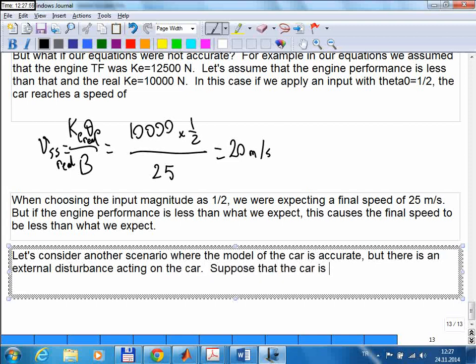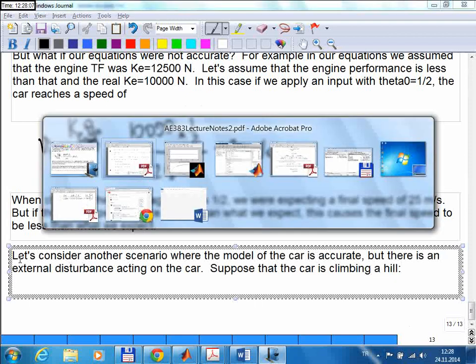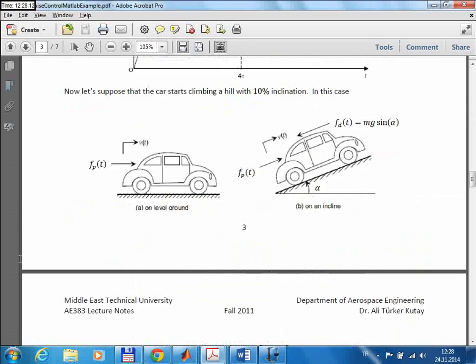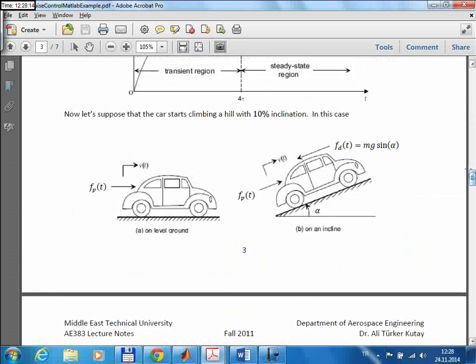Suppose that the car is climbing a hill. Okay, so now suppose that we're driving uphill as shown here.